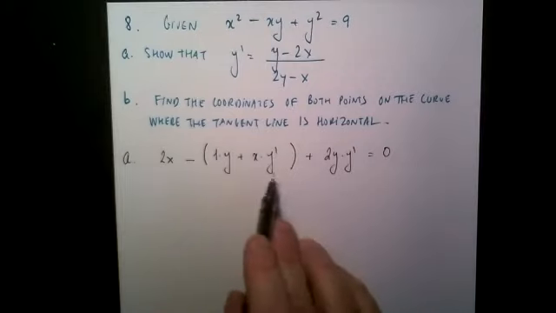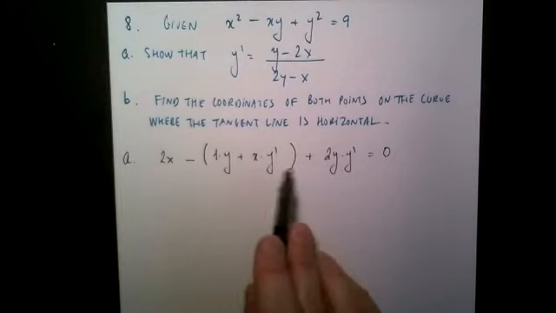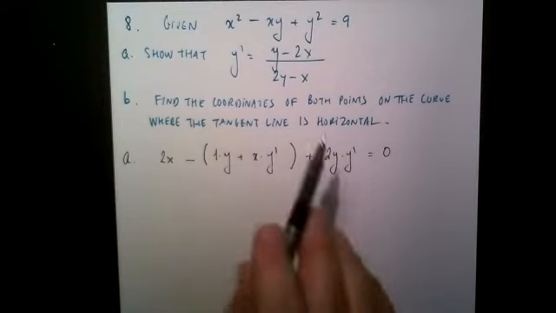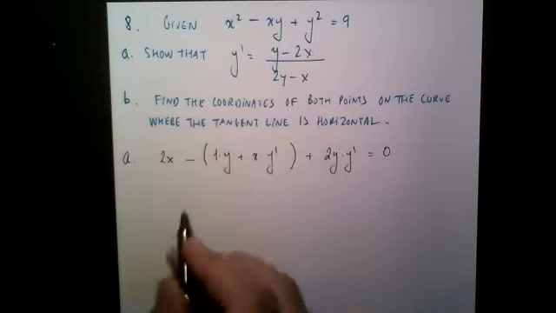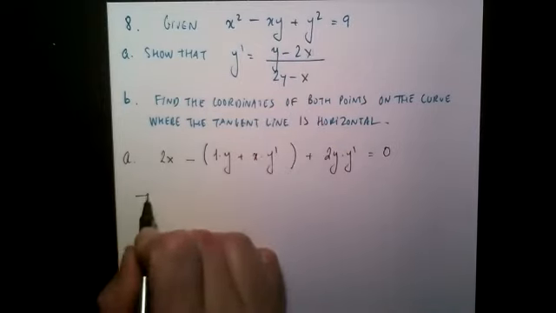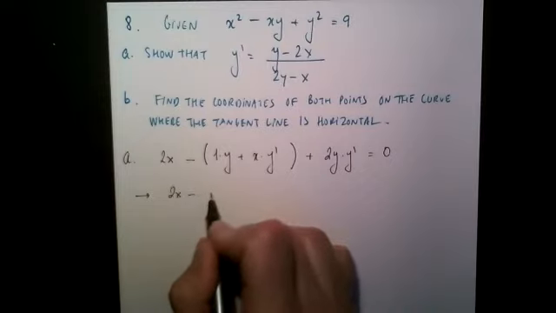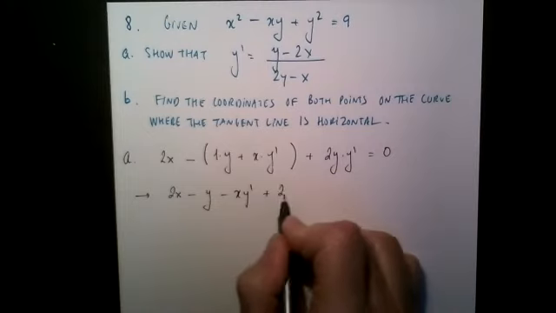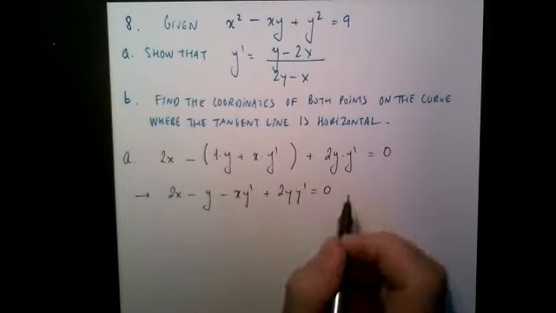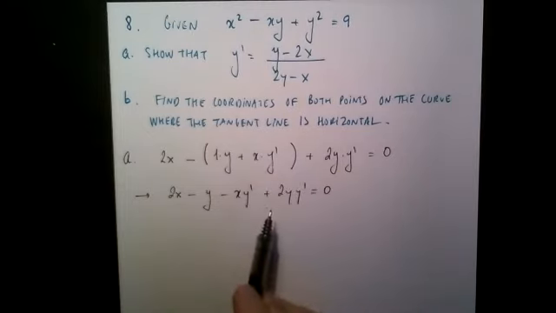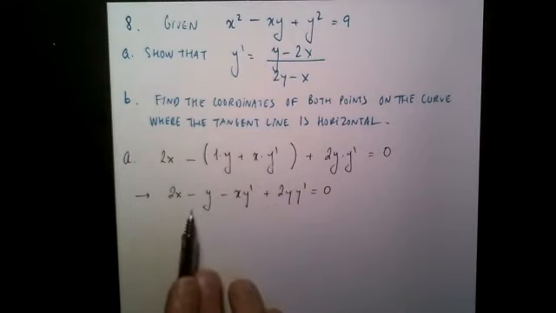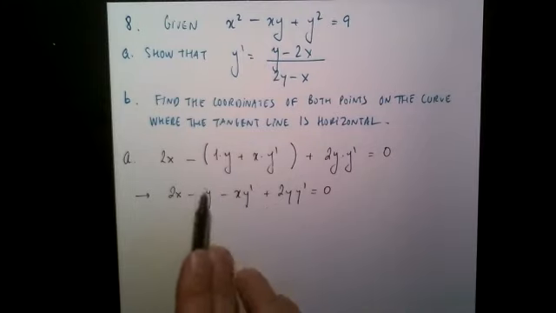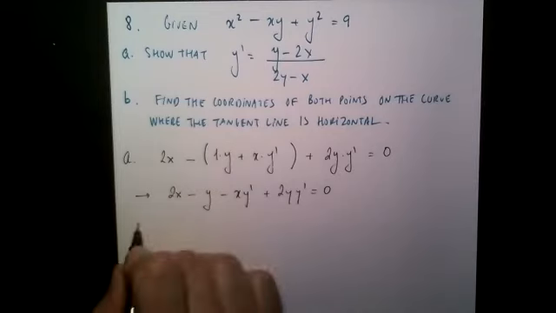That's it. So now I just need to isolate y prime, and if everything goes well, I should get this expression here. So 2x minus y minus xy prime plus 2y y prime equals 0. Because they have no y prime, I'll send them on the other side.